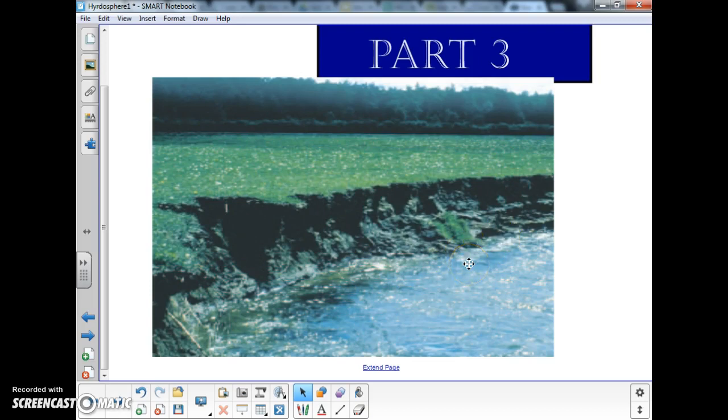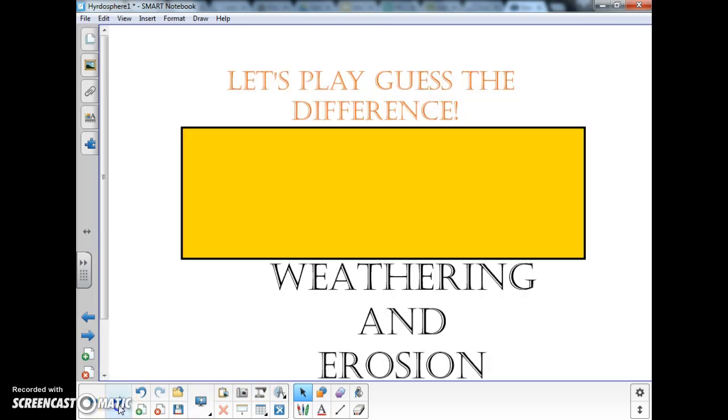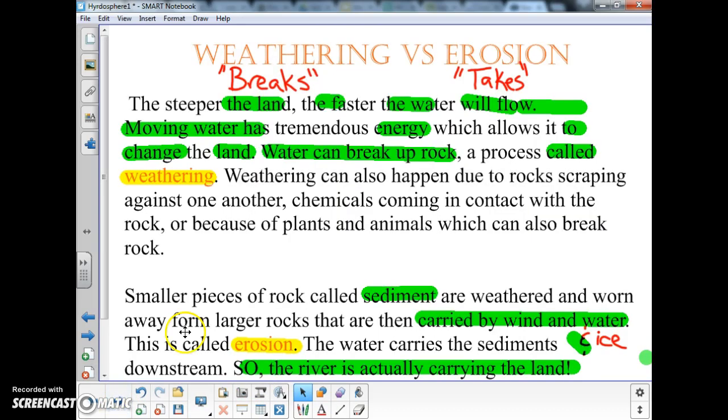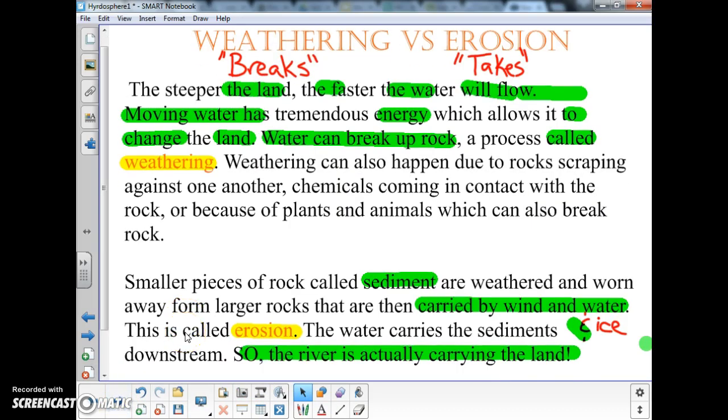So the first question on your worksheet, lesson 6, says, what's the difference between weathering and erosion? Why don't you pause the video right now? Make sure you answer that question in a couple minutes. Here is what you're going to need to add into your notes, and then answer the question, I'm sorry.